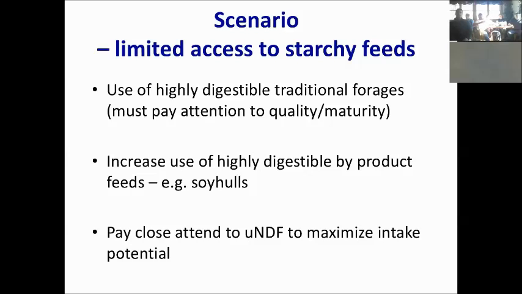But if you go back to those diets, the production was not really, really high. And so you kind of have to take that data with a grain of salt.